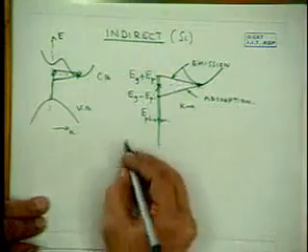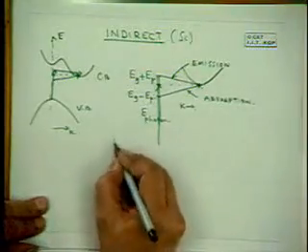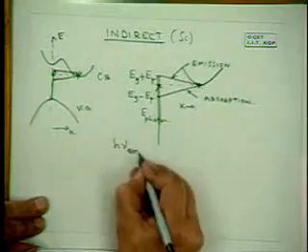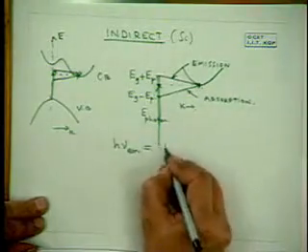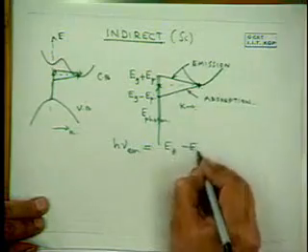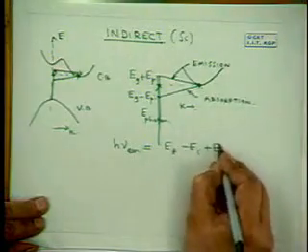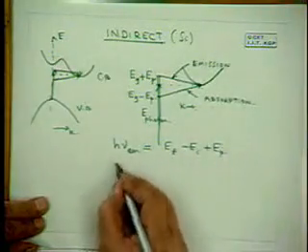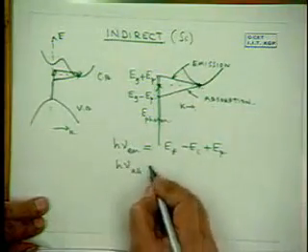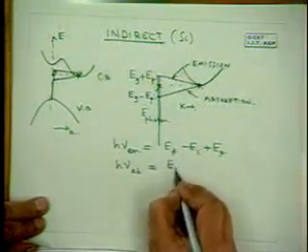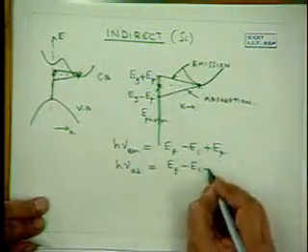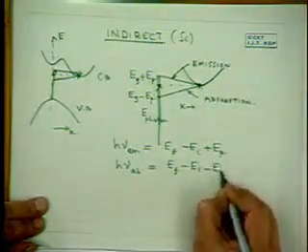So the energy relations are: for the case of emission, h nu is equal to EF minus EI plus EP, the phonon energy, and for the case of absorption, h nu is equal to EF minus EI minus EP.